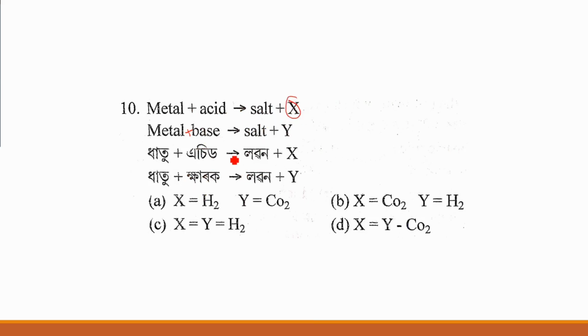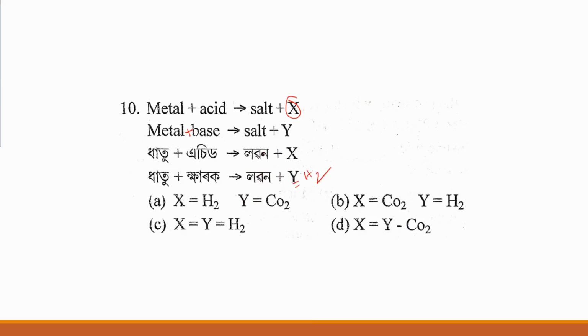Similarly, what happens when a metal reacts with a base? The reaction between a metal and a base produces a salt and hydrogen gas for amphoteric metals like zinc and aluminum. However, for most metals, this reaction doesn't occur easily. In the case of amphoteric metals, Y will also be H2.